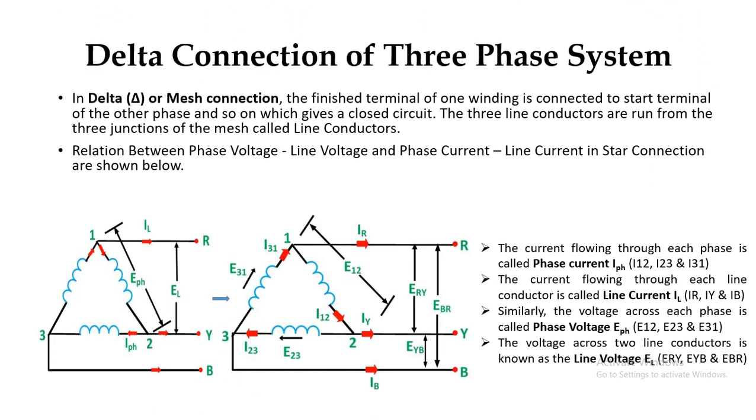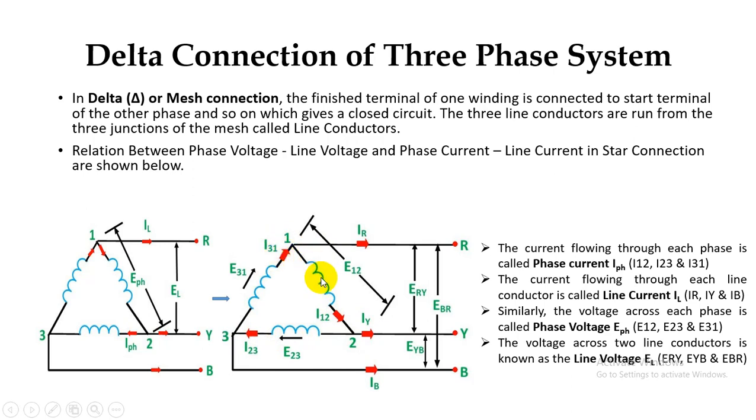Now we'll see the delta connection of the three-phase system. Here also the same thing. We are taking three resistances or impedances or inductances like this. As I said earlier in star connection, these also have two terminals on either side. This is A1, this is A2, B1, B2, C1, C2 like this.